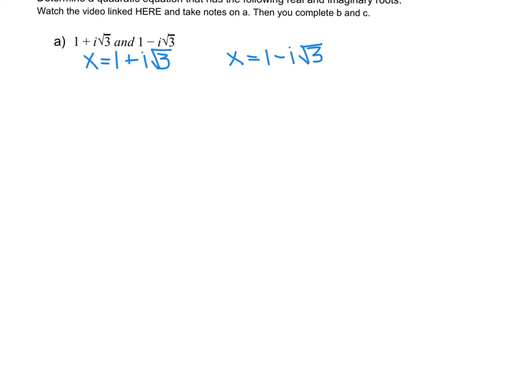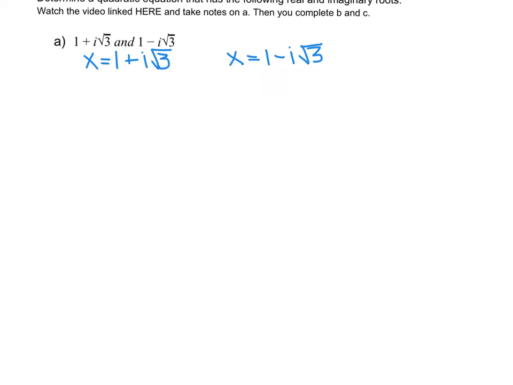So our very first step is to write down that x equals each of those roots. We're basically just working backwards from what we do when we solve quadratics. Our final step in quadratics is we have the two values that x is equal to. Well, what we know is we want these equations to be equal to 0, because once they're equal to 0, that will show us the factors.